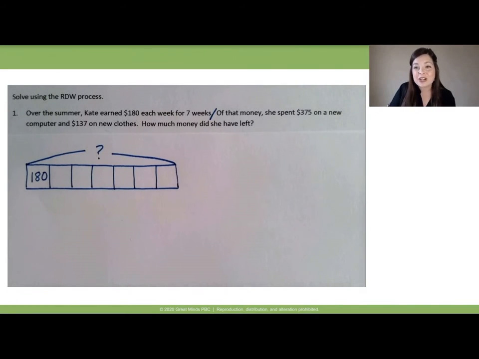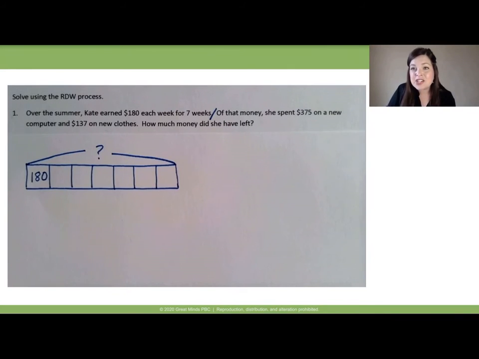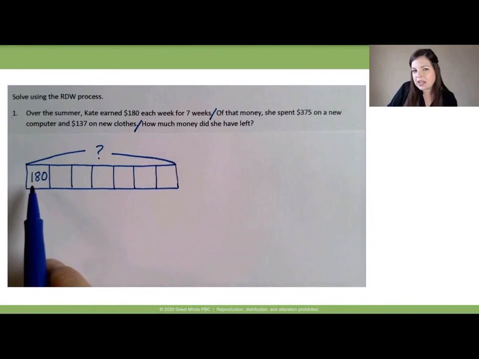Now, let's read the next chunk. Ready? Read. Of that money, she spent $375 on a new computer and $137 on new clothes. Okay. Can we draw something to represent that part of the story? Yes, we can. What can we draw? It says of that money. And when it says of that money, it's talking about all of this money represented in this tape.